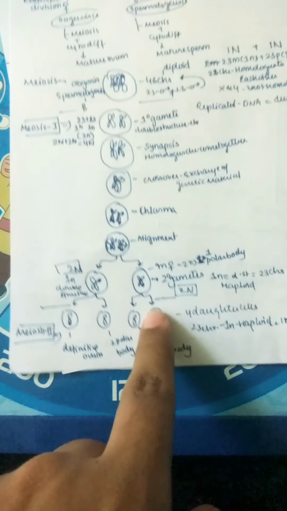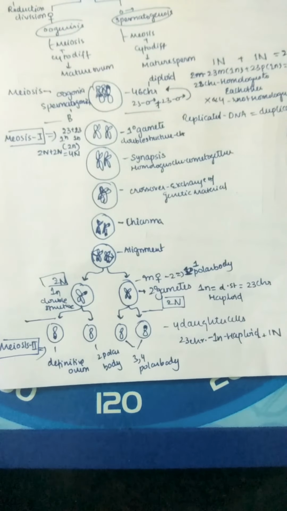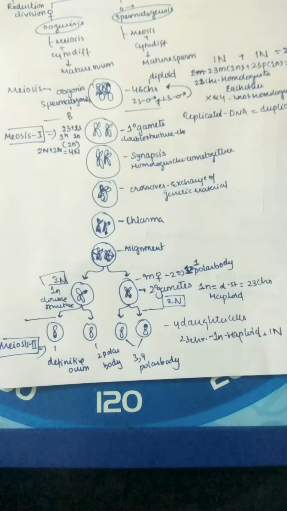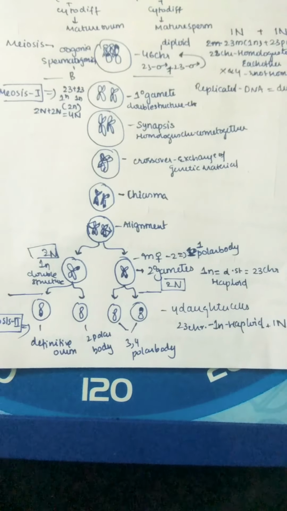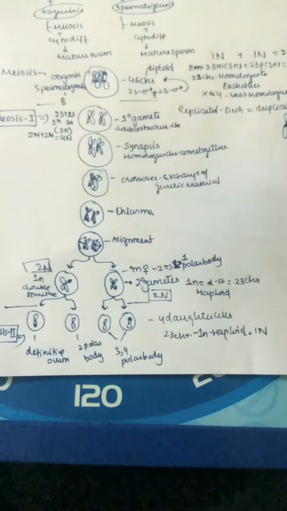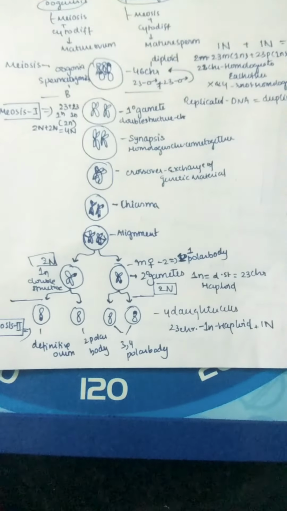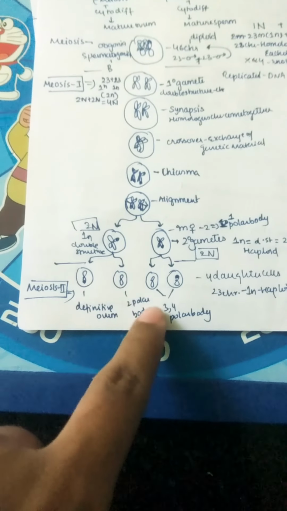In the case of a female, it is known as the secondary gamete, that is the secondary oocyte with one polar body, but in the case of a male, they form secondary spermatocytes. So one double stranded, 23 chromosome, haploid. Here the structures have become haploid, so we say it is a reductional division.